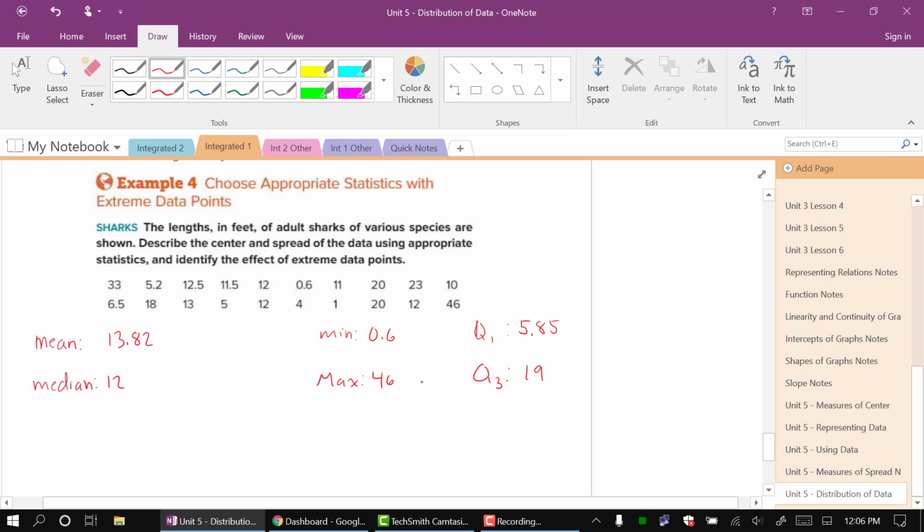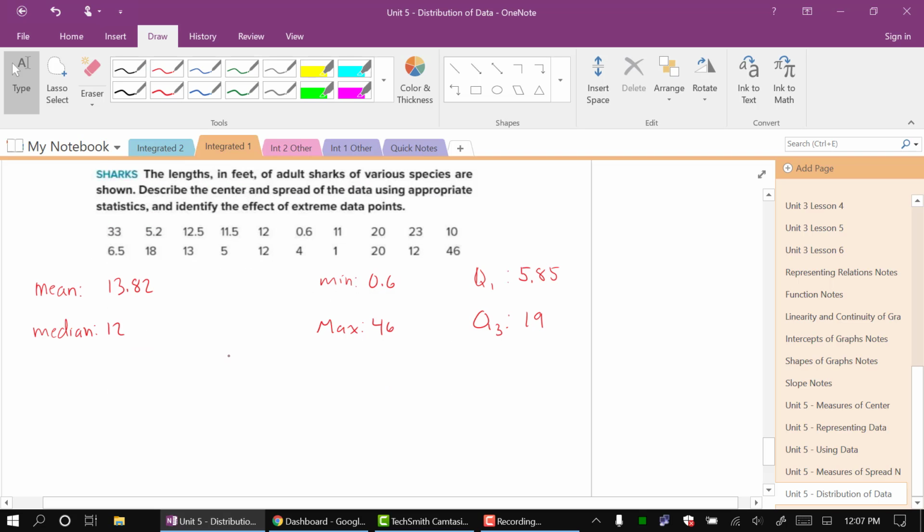Now if you can look at this, that 46, that is bigger than 1.5 times 19. Because if we were to double 19, that gives us 38. And 46 is way out there outside of 38. So from this information, the right whisker is going to be larger than the left. So it will be positively skewed.